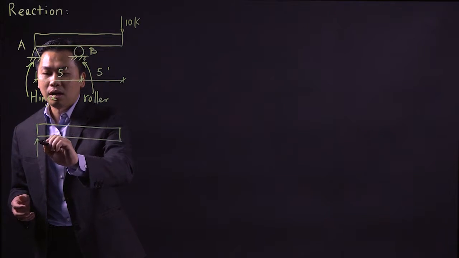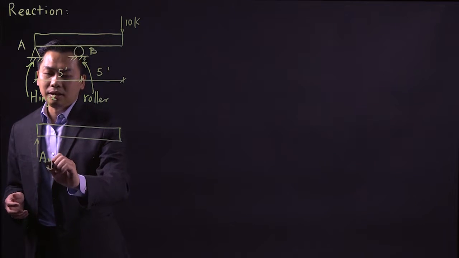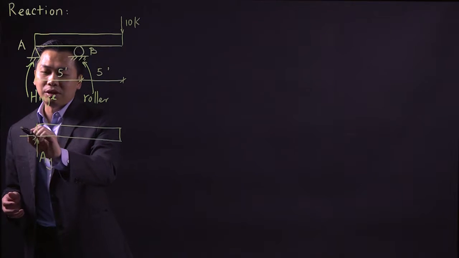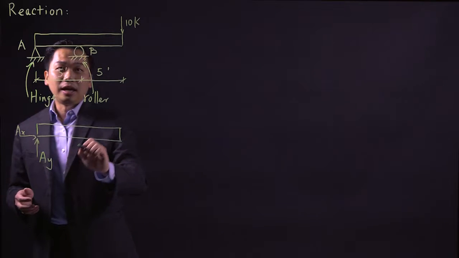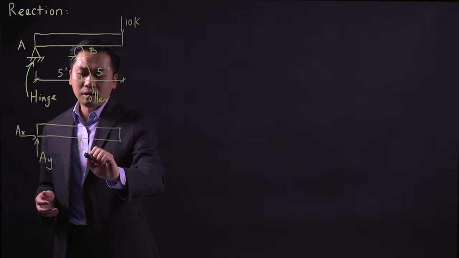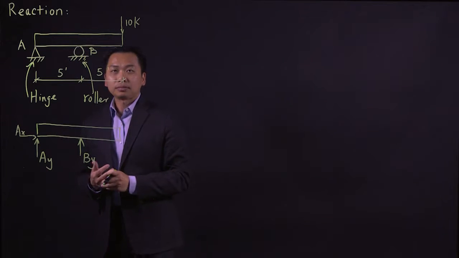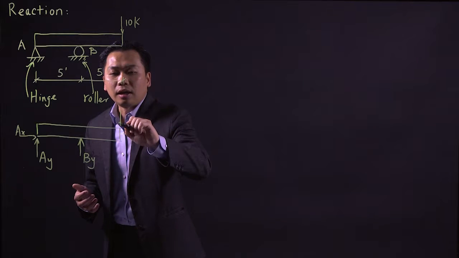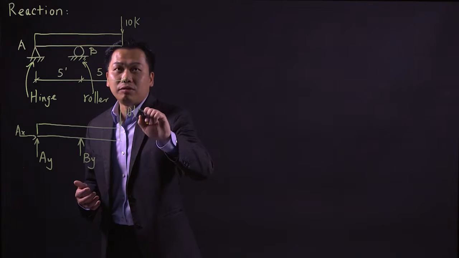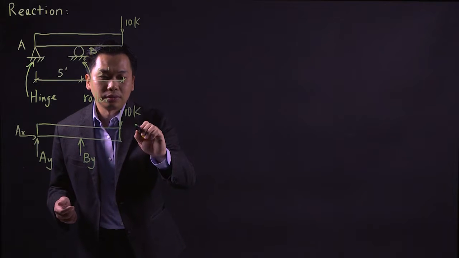For example, on support A, we're going to have Ay in the y direction and Ax. And on the roller point, we're going to have only one component, which is going upwards. And we're going to have the external force. And this is our free body diagram.